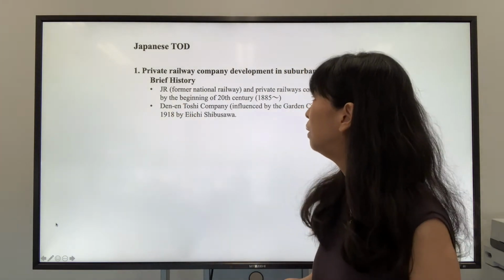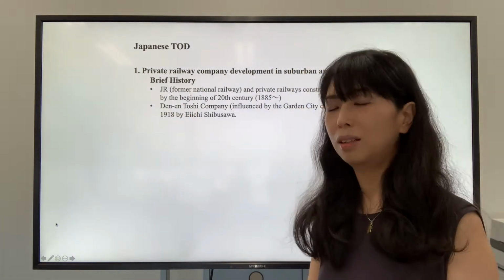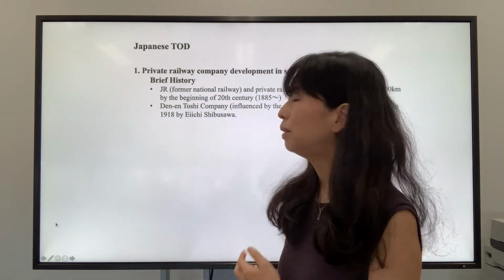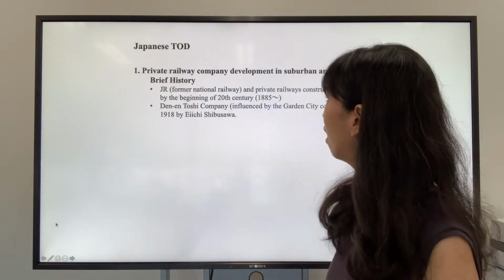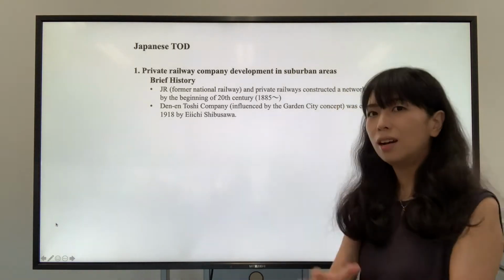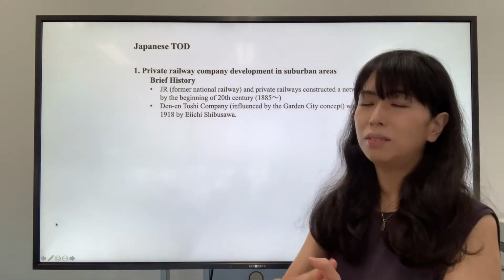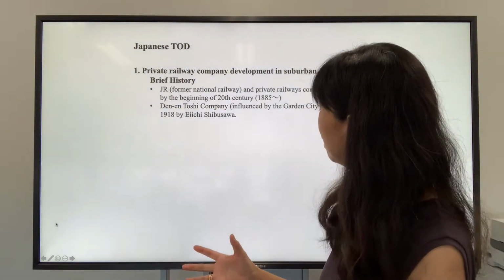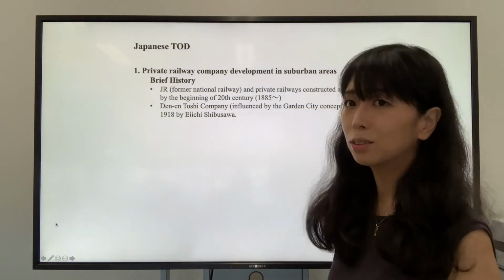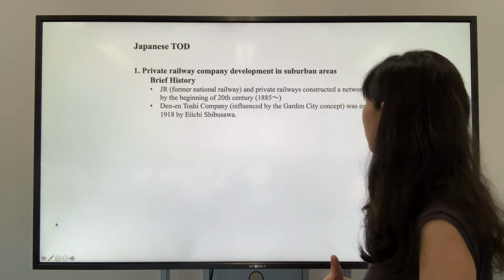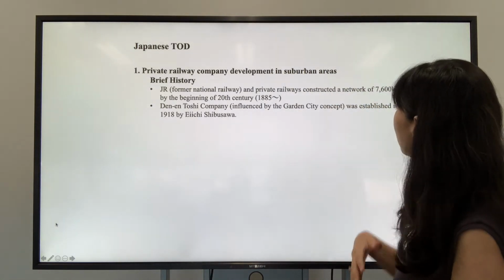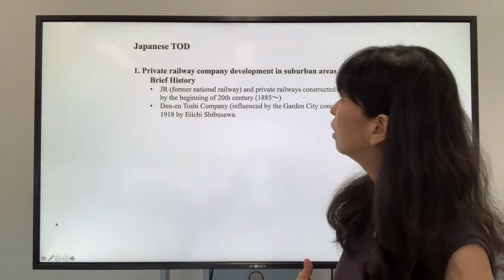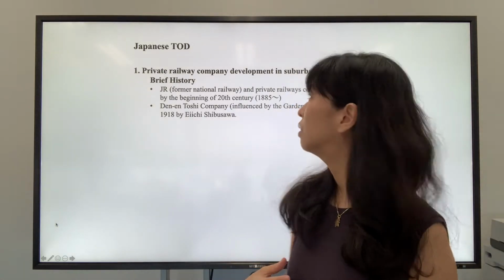It used to be a national railway company, but currently it has been privatized, though we still call it the JR. The JR were the first to develop the national railway. However, the private railways also joined to construct a network that totaled around 7,600 kilometers by the beginning of the 20th century.